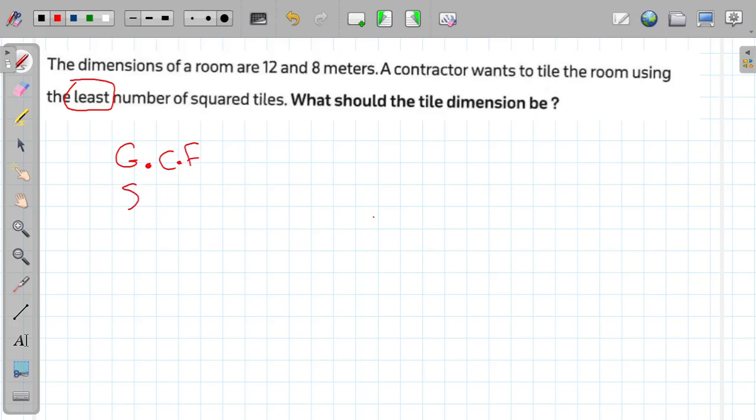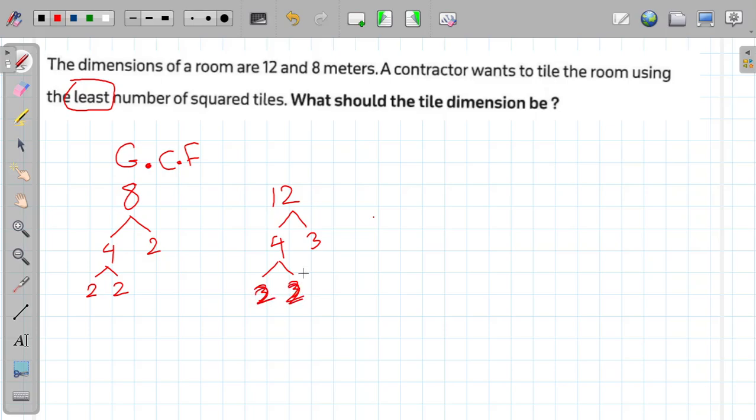So here I have 8 and 12. 8 equals 4 by 2 and 4 equals 2 by 2. Here I have 12 equals 4 by 3 and 4 equals 2 by 2.